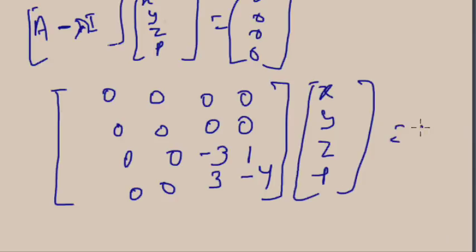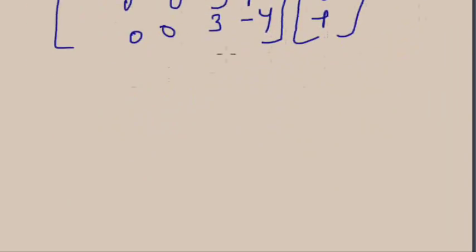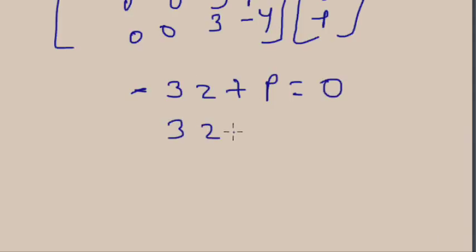is equal to 0. So from the third, the first rows give no restriction. For this 0 0 3 1, make it vertical and multiply each element. What I will get is minus 3z plus p equal to 0, and for this, 3z minus 4p equal to 0.